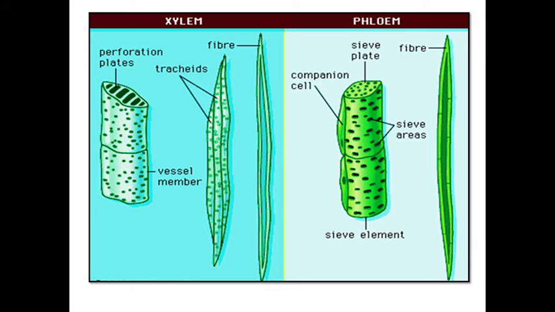So xylem is present in the center of the vascular bundle, and phloem is found in the outer portion of the vascular bundle. So that is the main difference of the location. Xylem is present in the center of the vascular bundle, but phloem is present at the outer portion of the vascular bundle. Clear?